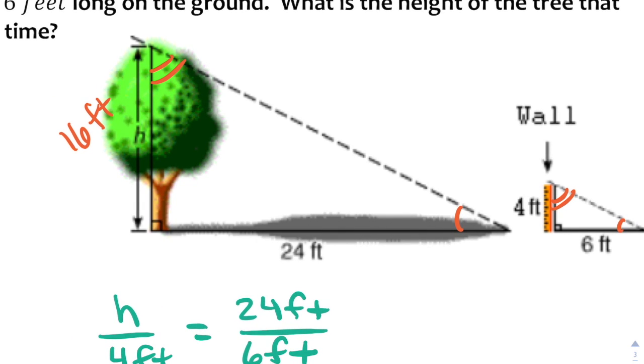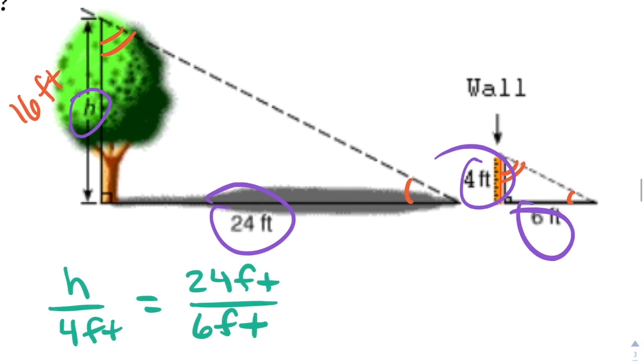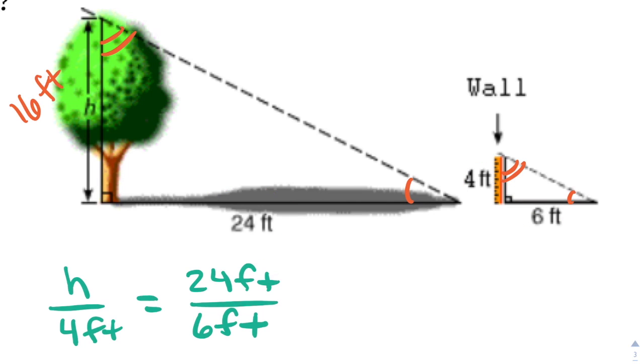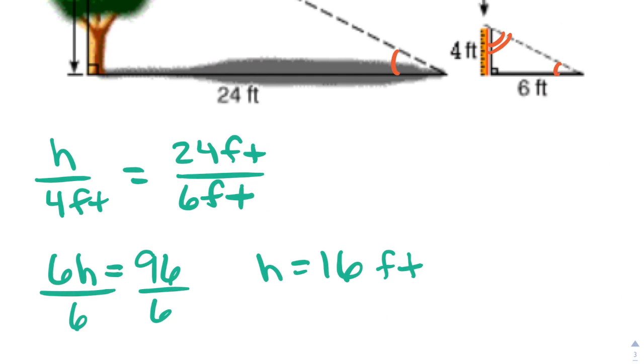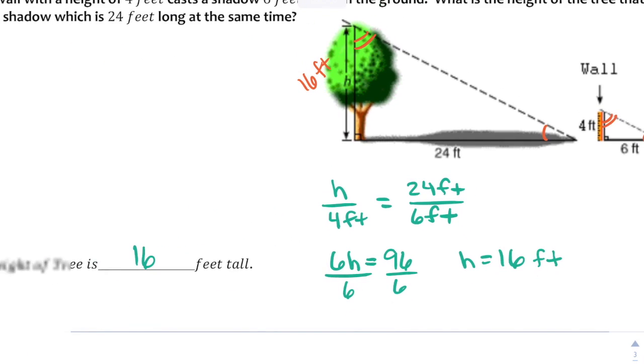So h is to 4 as 24 is to 6. Set those up. You solve for h, you get 16 feet. That makes sense. 6 times 4 is 24, so it's 4 times the size, which would make it 4 times the size of the wall, 16 feet tall.